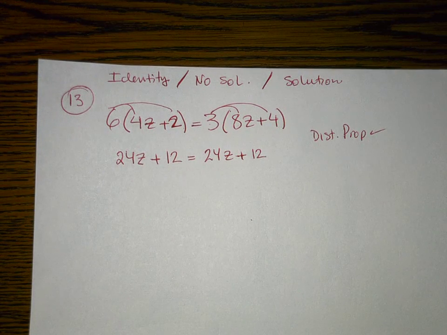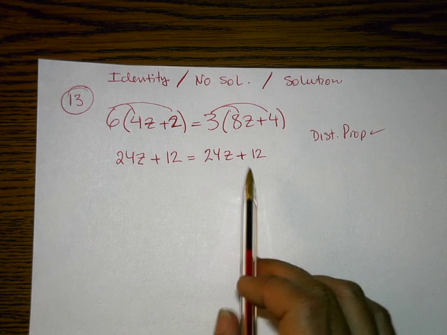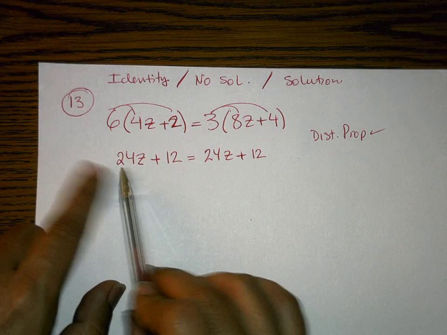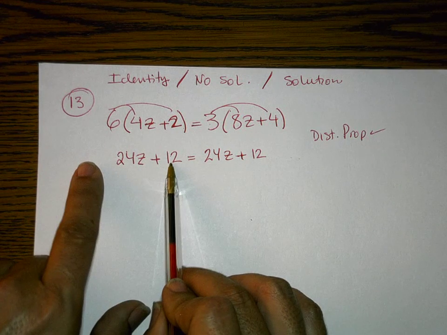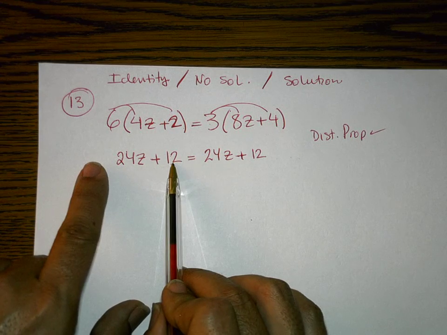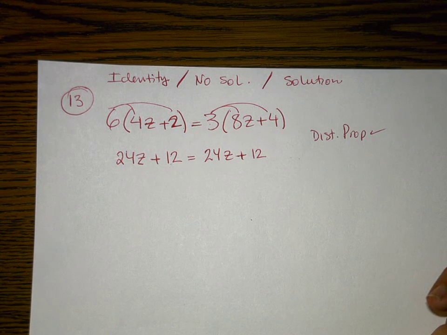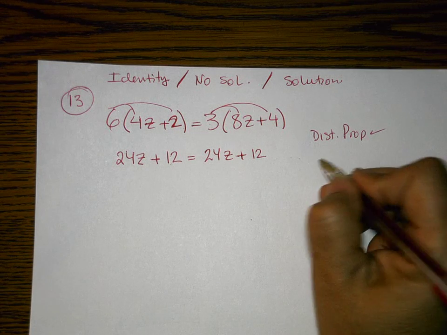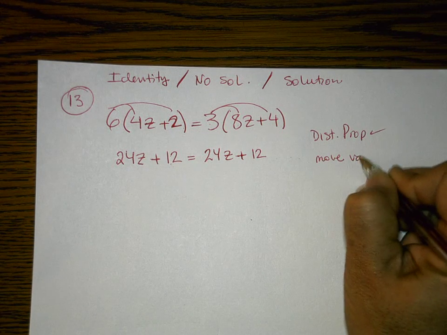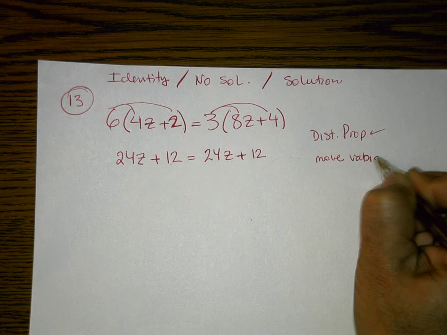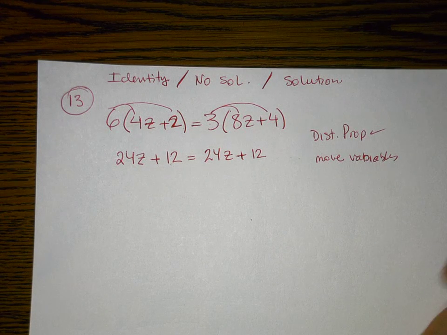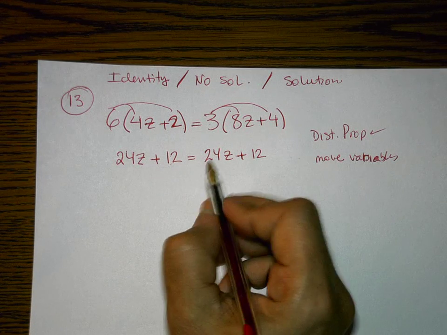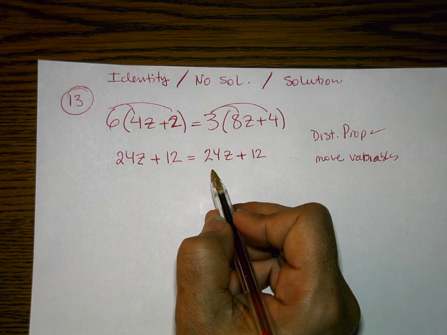Now I need to combine like terms. If I had more than one z on this side, or more than one number, I would have combined like terms, but there's no need for that. I am in a situation where I have variables on both sides, so I need to move variables to one side, using the opposite operation.